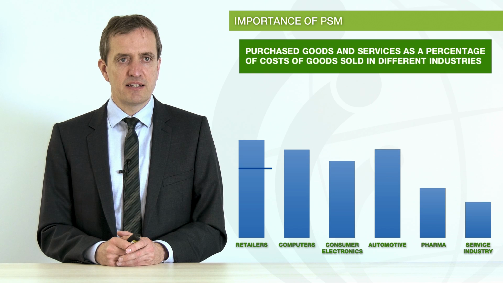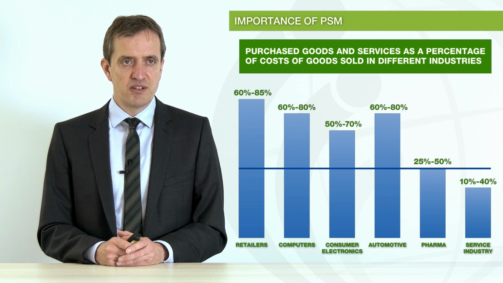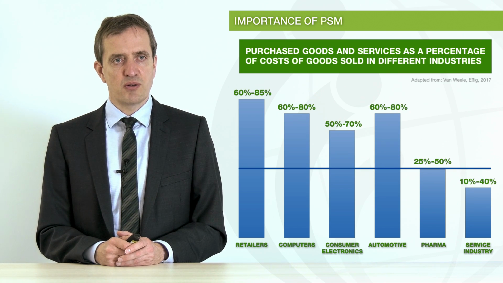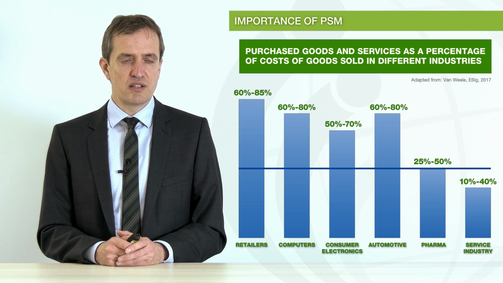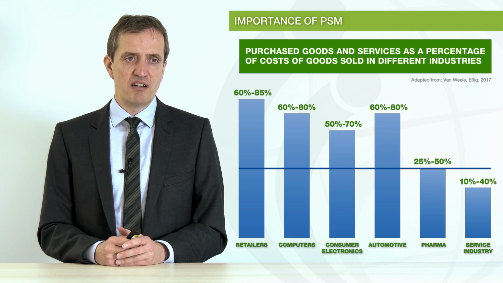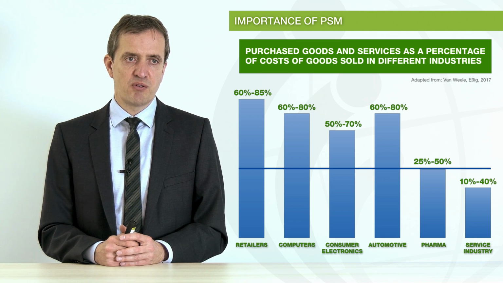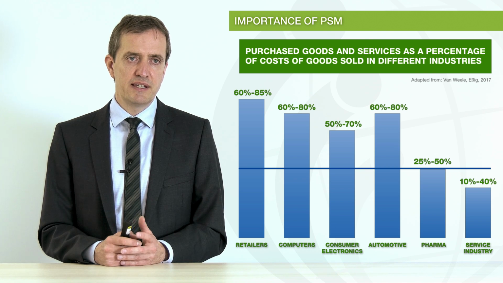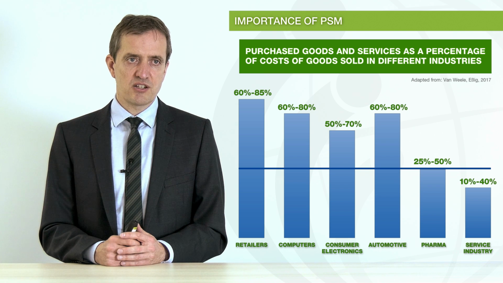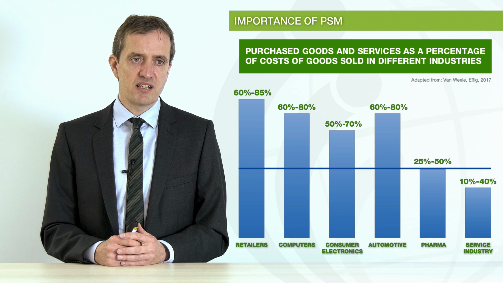The importance of PSM can also be reflected by purchased goods and services as a percentage of cost of goods sold in different industries. Many industries have a very low degree of value added. That means that most of their value add stems from their supply network. For example, retailers have such a percentage of cost of goods sold in the amount of 60 to 85%.